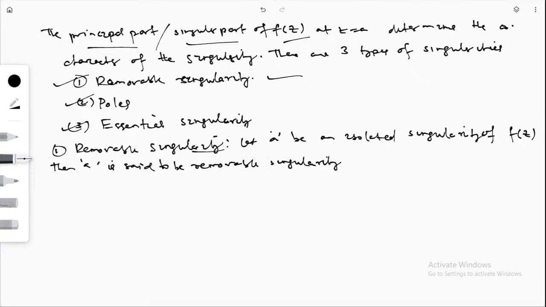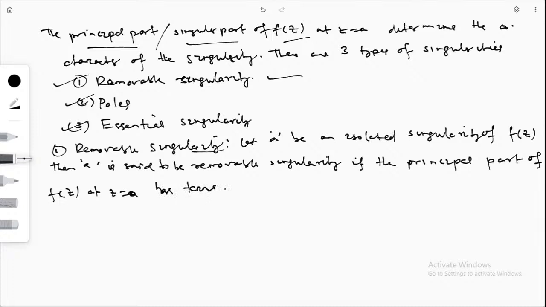A is said to be a removable singularity if the principal part of f of z has no terms at z equal to a.